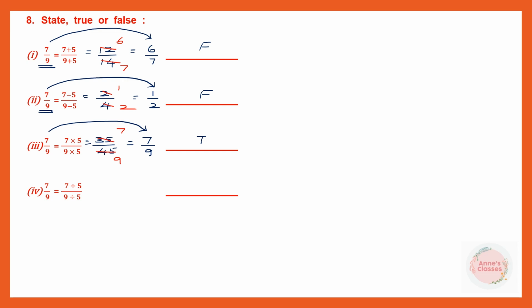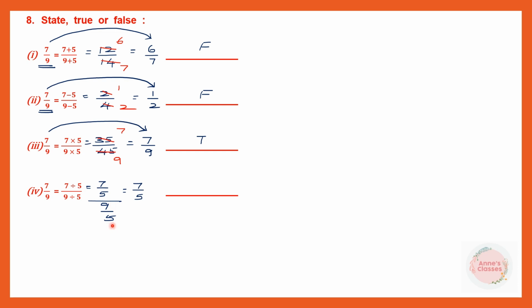Question 4. 7 by 9 is equal to 7 divided by 5 and 9 divided by 5. So let's work this out and see. So this will be 7 divided by 5 over 9 divided by 5. So how do we write this? We write this as 7 by 5. Now when you take this 9 by 5 to the top there, you write the reciprocal of this.